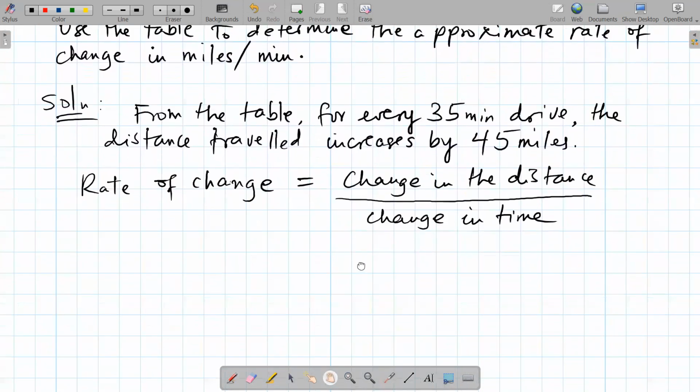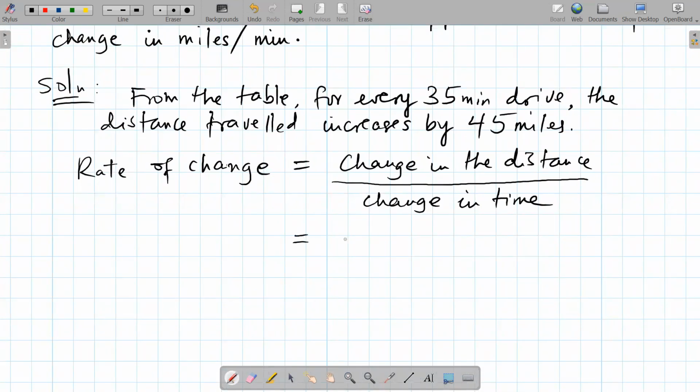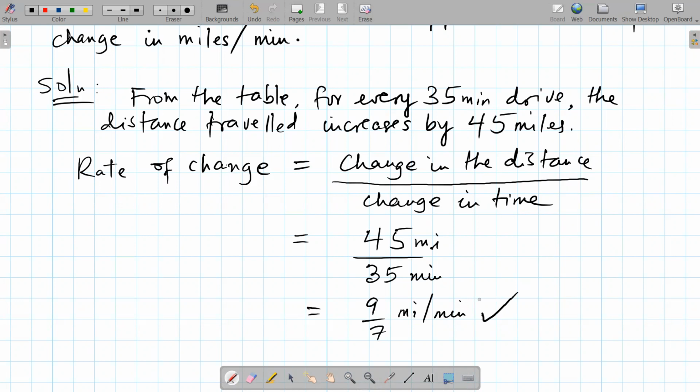Okay, just simply so. And we'll realize that this is 45 miles, and that is 35 minutes. And so if we simplify, 5 goes into 45 9 times, goes into 35 7, and that will give us 9/7 miles per minute. That will be our answer.